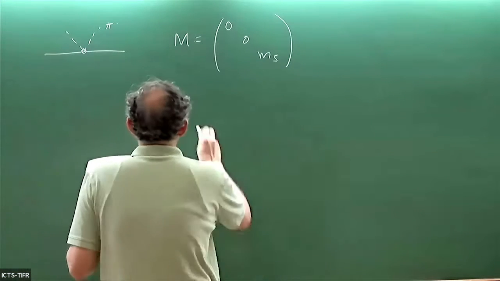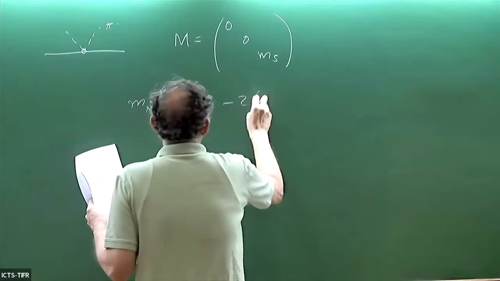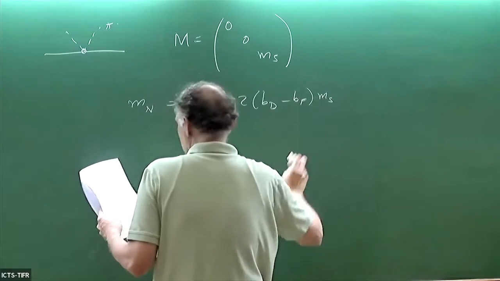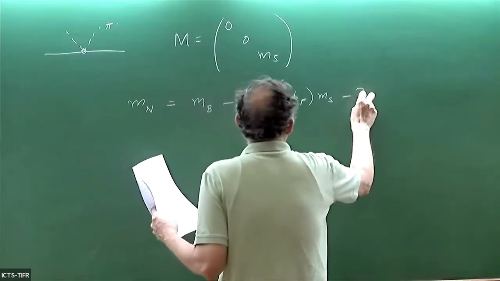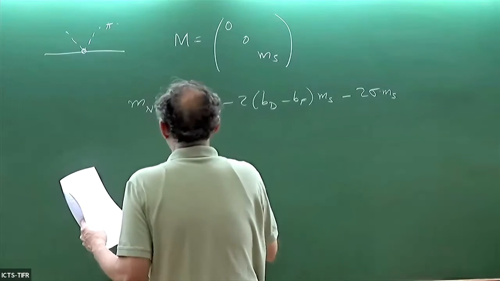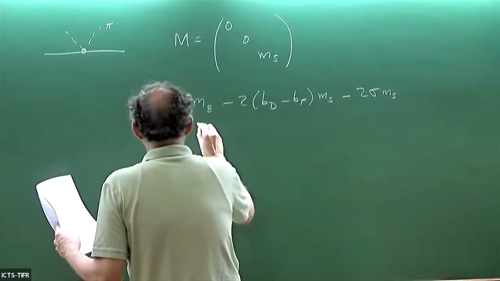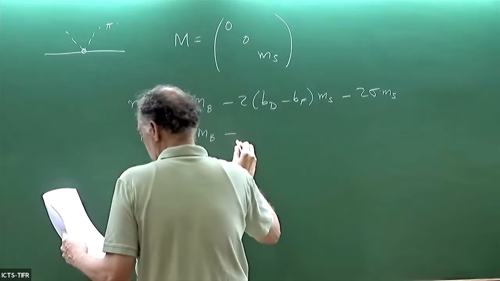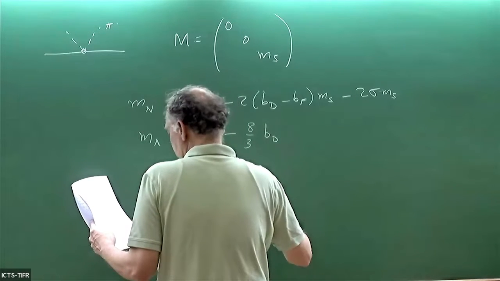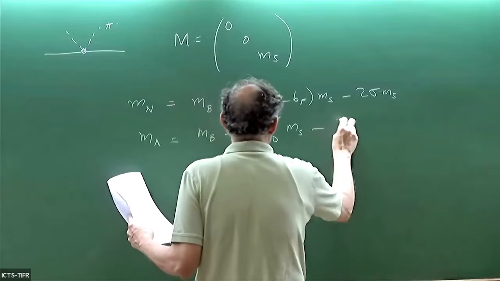And M nucleon is M baryon minus 2 b_D minus b_F times m_s minus 2 sigma m_s. M lambda is M baryon minus 8/3... So again, I think I put these on the problem set just to do the traces and verify you get these.